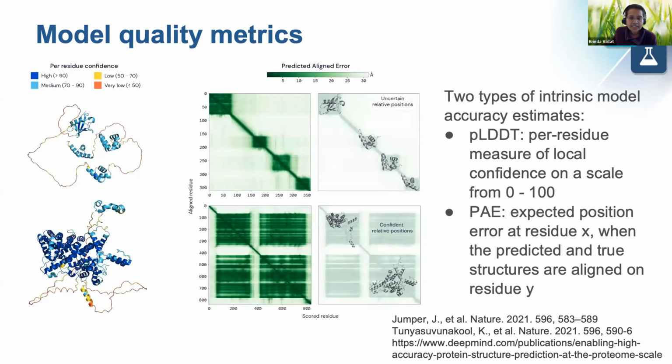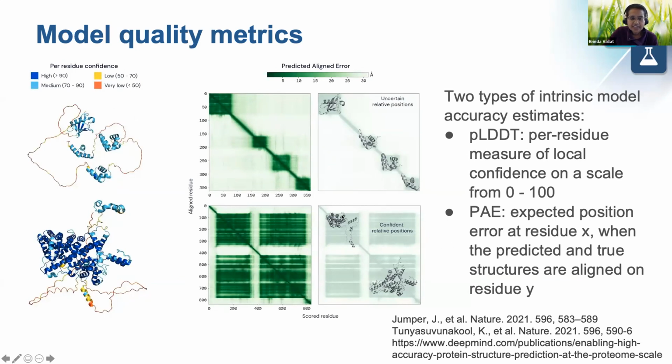I want to quickly touch upon model quality metrics for computed structure models. Although these models generated with recent machine learning approaches have become increasingly accurate, it is important to look at the model quality estimates for these predictions, because they can be used to evaluate the models and assess their suitability for specific downstream applications.